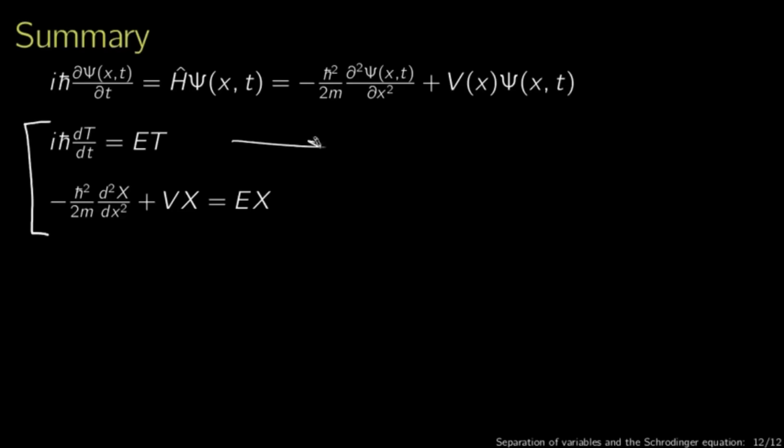The time part here gave us numbers that just basically spun around in the complex plane. This is traditionally the real part, and this is the imaginary part. So the time evolution is basically rotation in the complex plane. And the spatial part, well, we have to solve this equation, the time-independent Schrödinger equation. We have to solve this for a given potential.